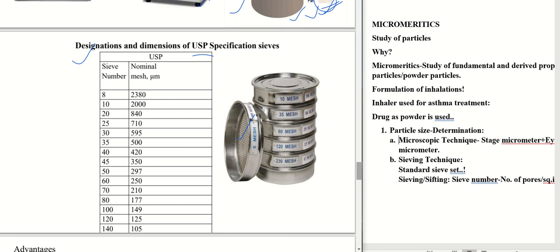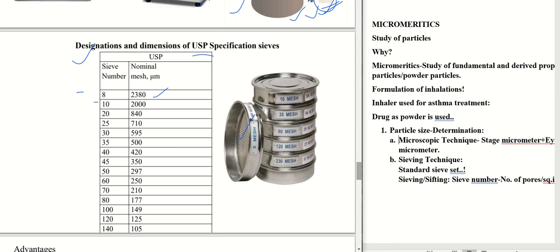For example, for sieve number 8, the aperture or particle size retained on that mesh would be 2380 micrometers. Likewise for sieve number 10, and so on.